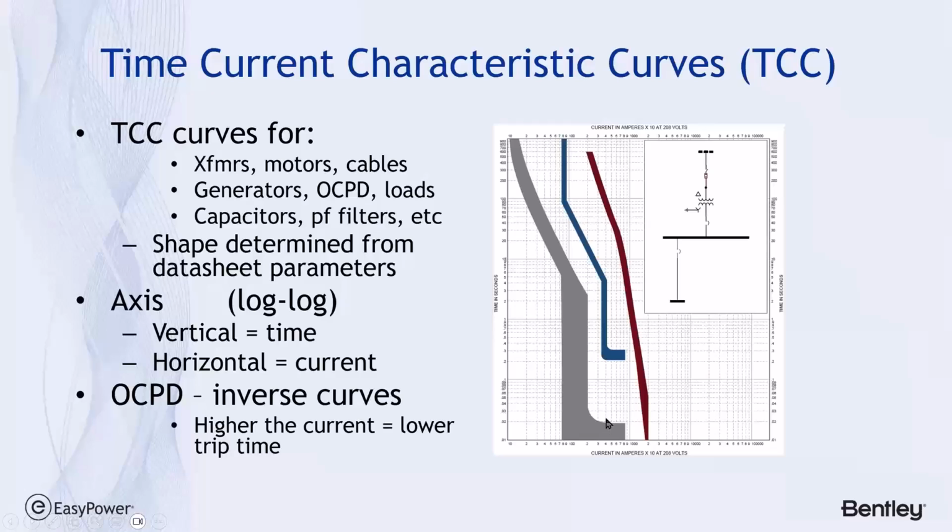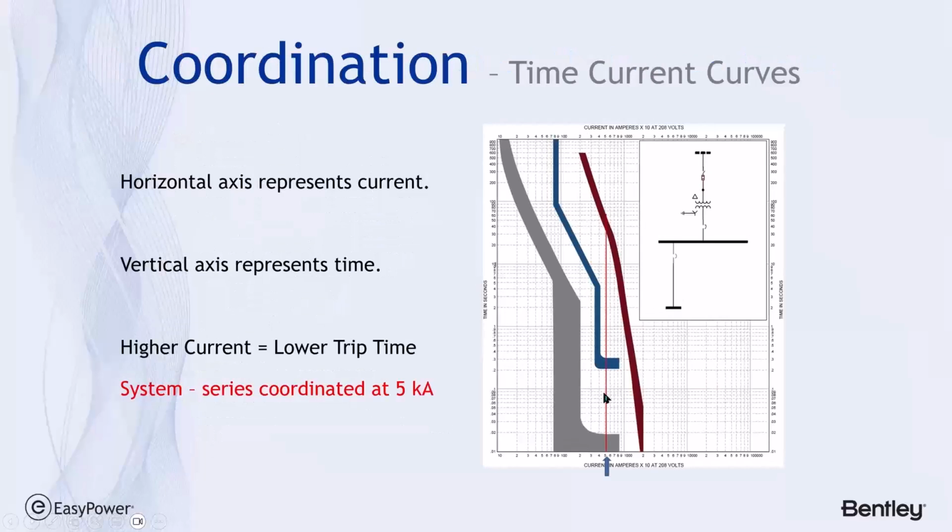So let's say during our short circuit analysis, we calculated the fault current at this bus to be 5,000 amps. So we plot a line at the 5,000 amp range. Again, this is current times 10 on a log scale. So where this is 100, that means it's 1,000. Where this is 5, that means it's 5,000. And so that fault current establishes a stress on that protective device.